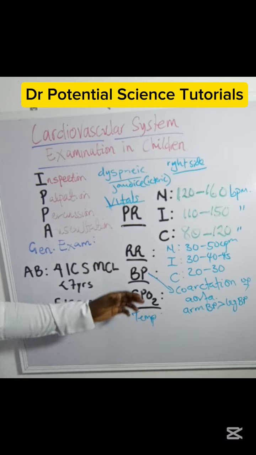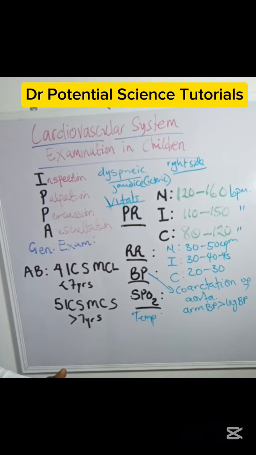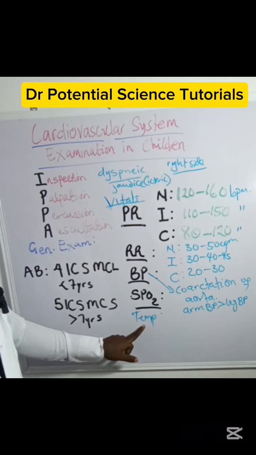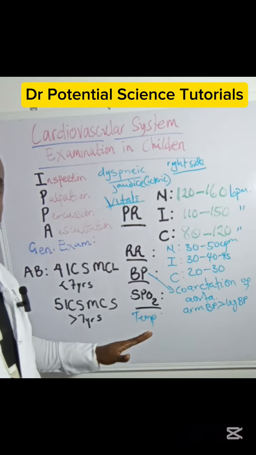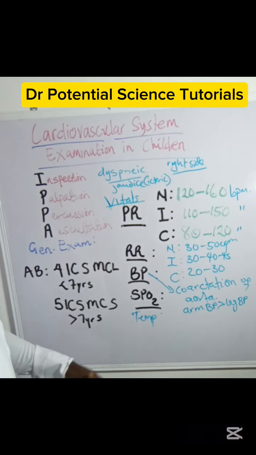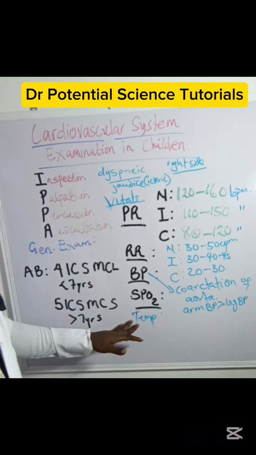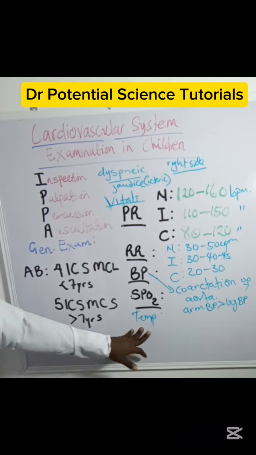Temperature, using the axilla. Like I told you in class, the best place to check for temperature is the rectum. So rectal temperature is the most accurate, but usually we check the axillary temperature.